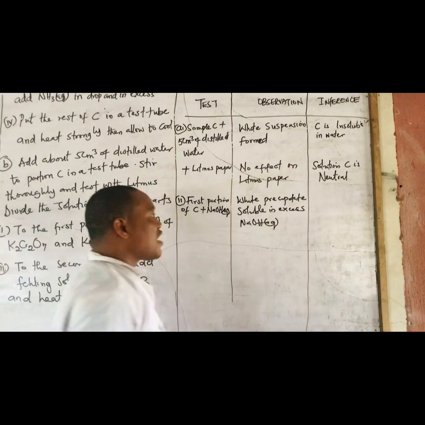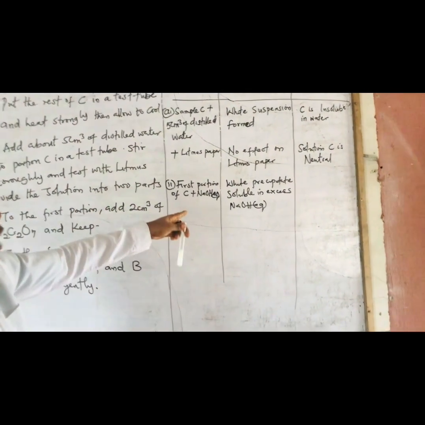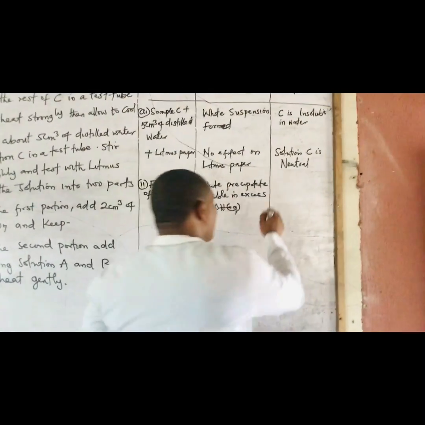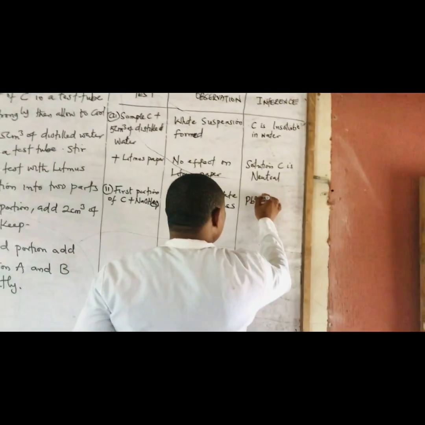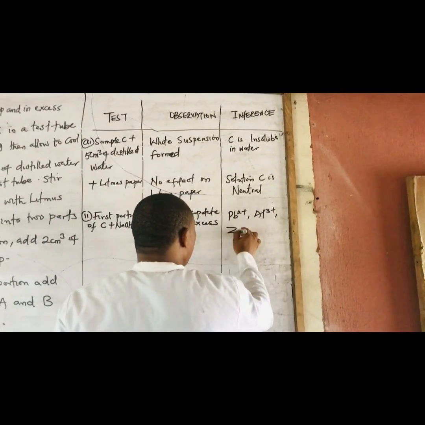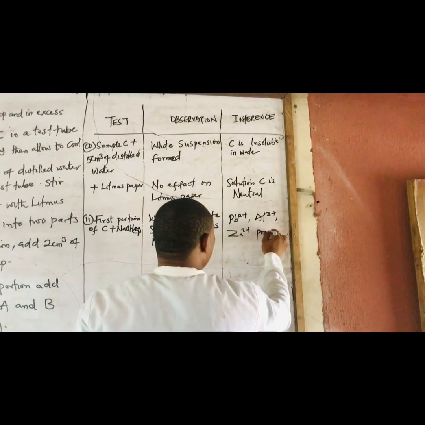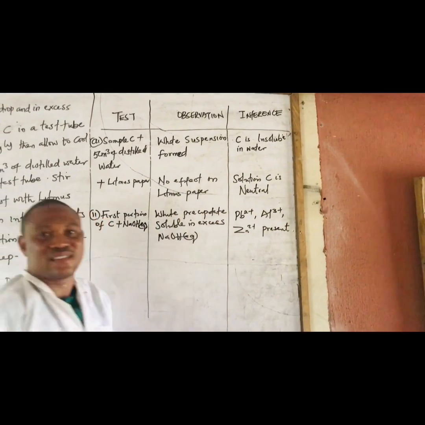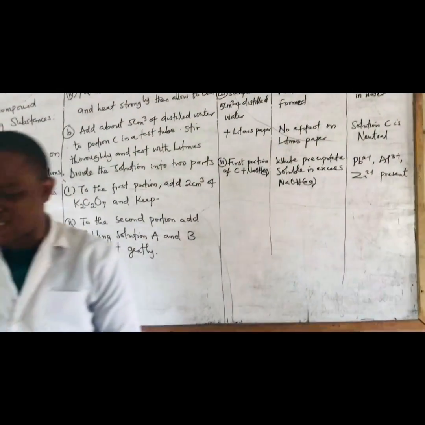Okay, from your basic chemistry knowledge, if it is white precipitate, what's the inference? The inference will now be either lead, either aluminium or zinc is what is present. Can you see that? Very nice. Very simple test.